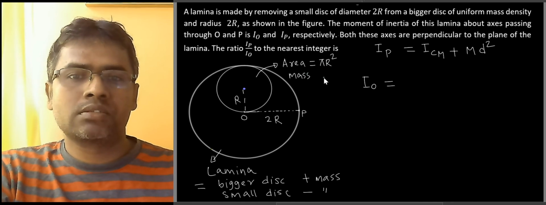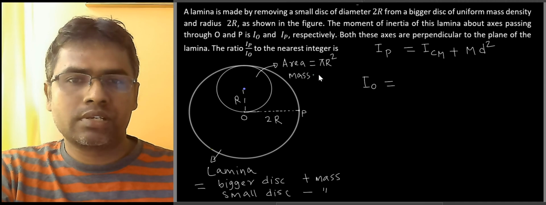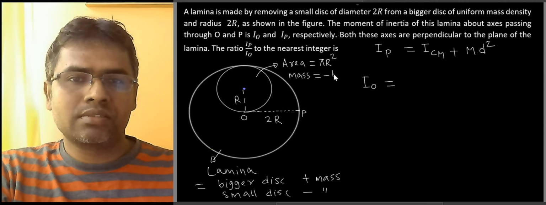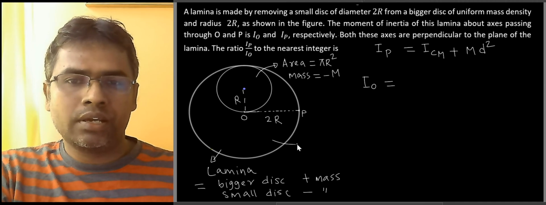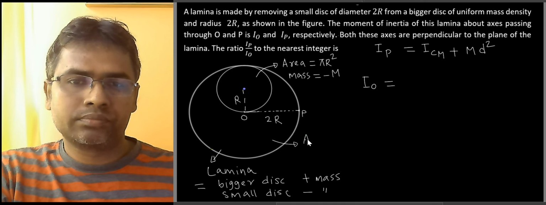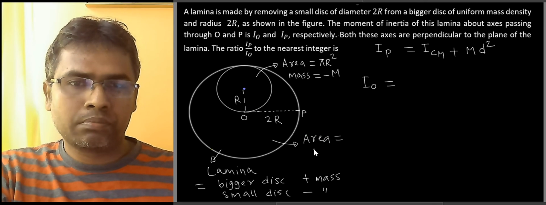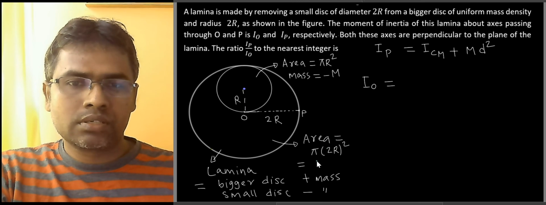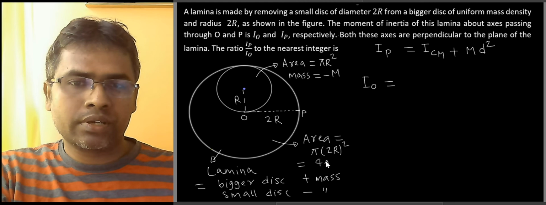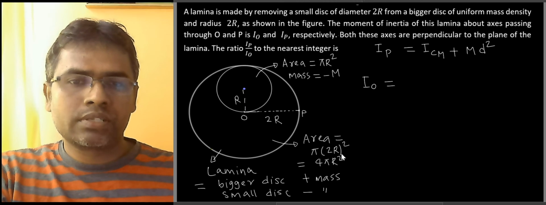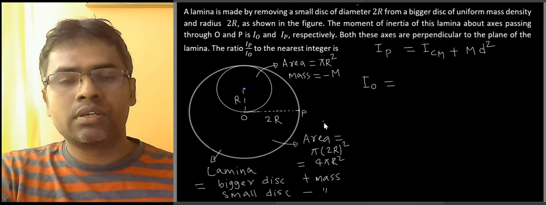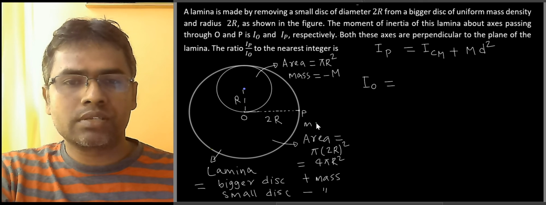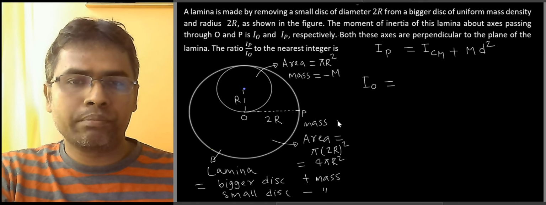Because it has this special negative mass, we say it is minus m. The area of the bigger disk is pi into 2r whole square, which is 4 pi r square. So its area is 4 times that of the smaller disk, and its mass is 4m.